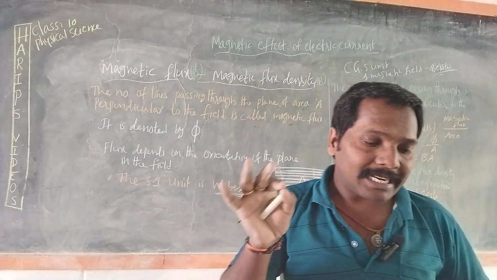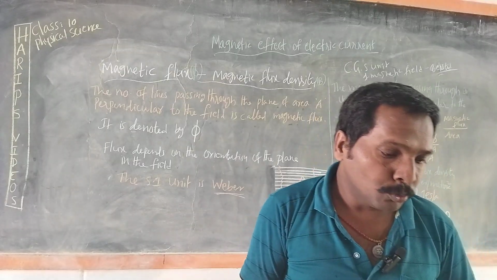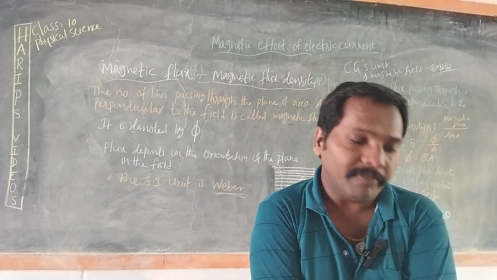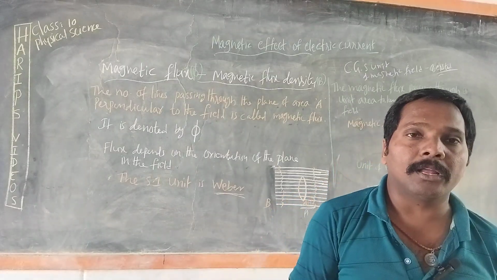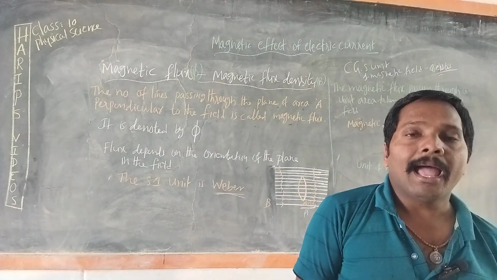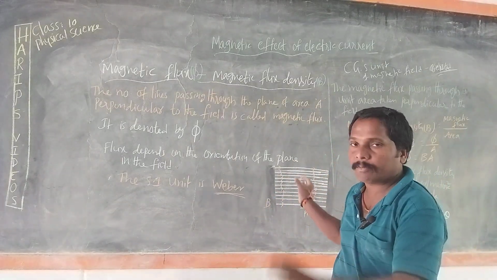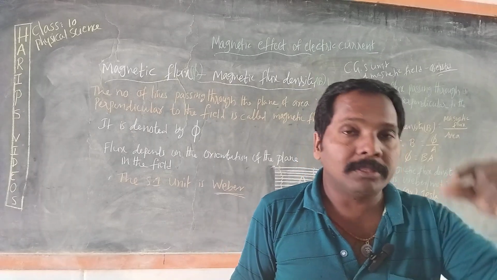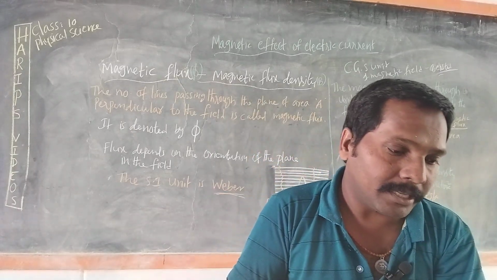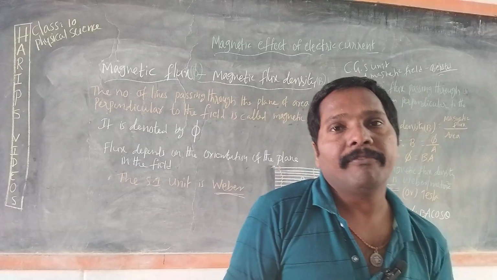The strength of the field is easily defined using the idea of flux. If the imagined plane is perpendicular to the field and has unit area, then the flux through this plane of unit area gives the strength of the field.